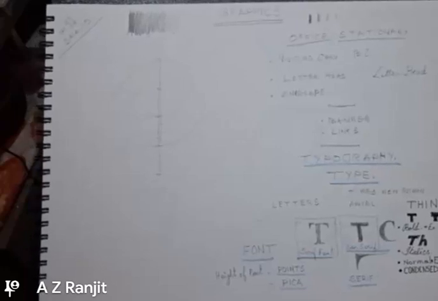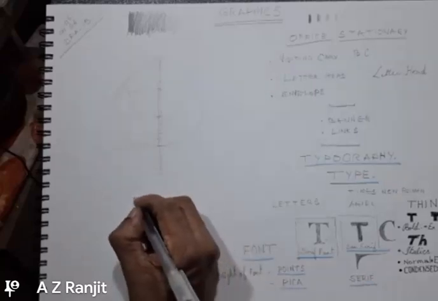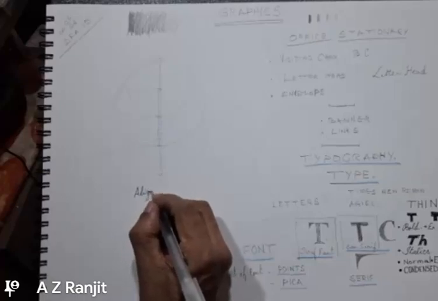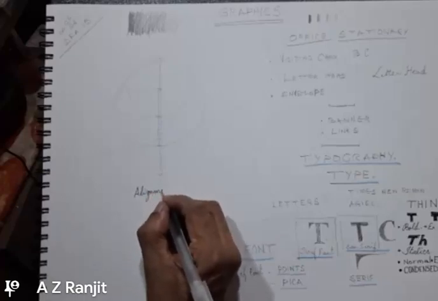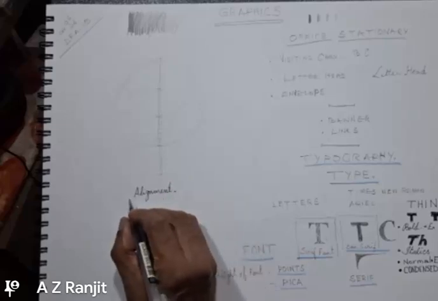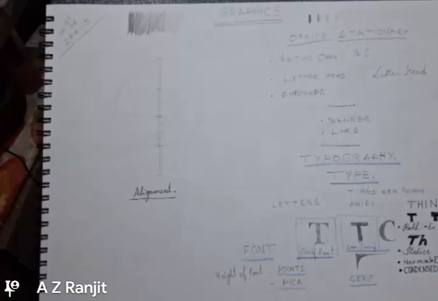So when we come to that, alignment is something that, somebody please check the spelling. ALIGNMENT, right? I think that my spelling is right. Please check. Correct? Okay. Thank you.